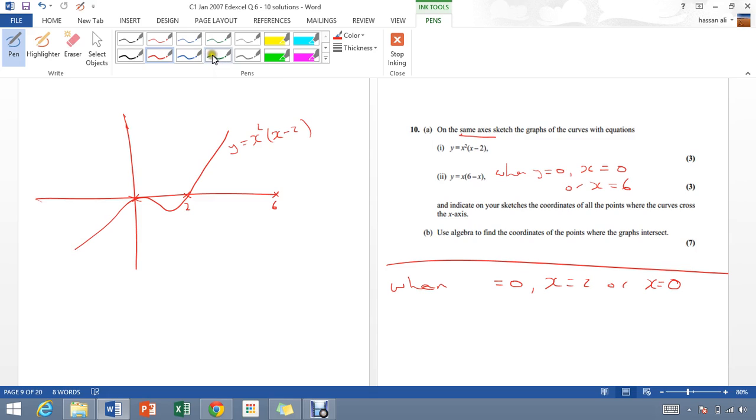I'll do another color. So it looks like you'll be coming across here, and it will just be coming down at 6. So this one here is going to be y equals 6 minus x times x. Obviously, don't forget to label your axes.